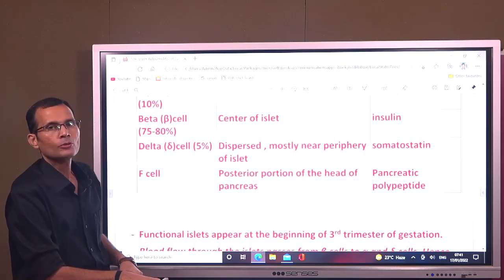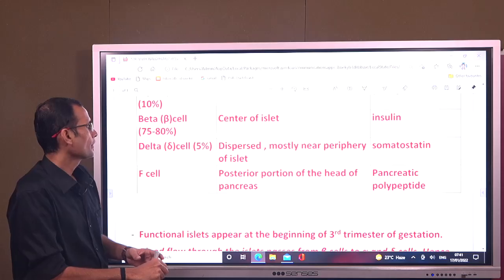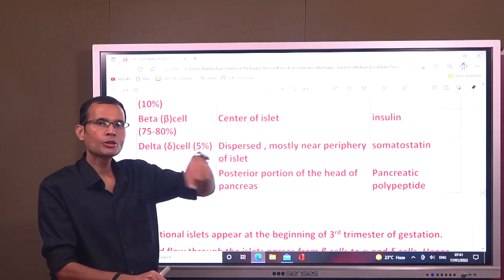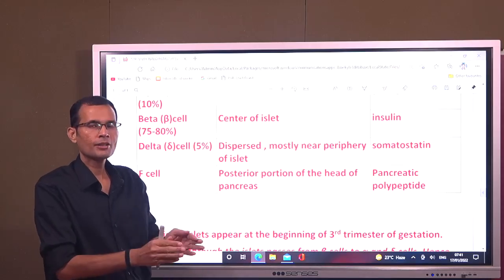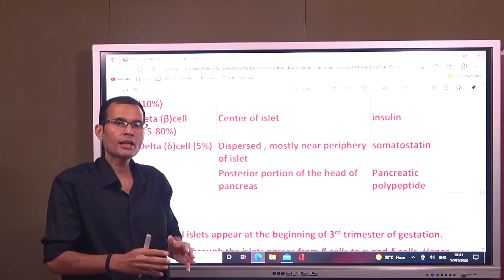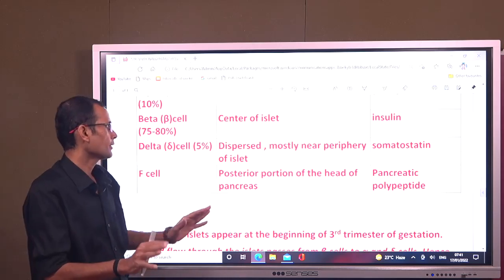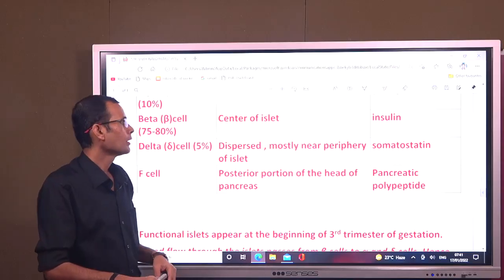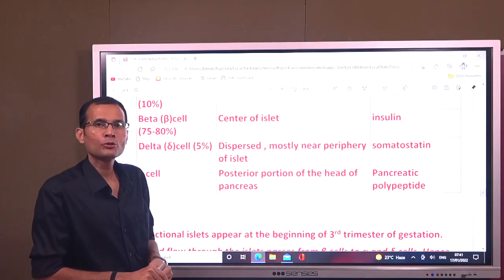The delta cell is only about 5%, and it's dispersed. On the outer rim is glucagon, the central portion is the beta cell, but the delta cells are dispersed, mostly near the periphery of the islet. It secretes somatostatin.